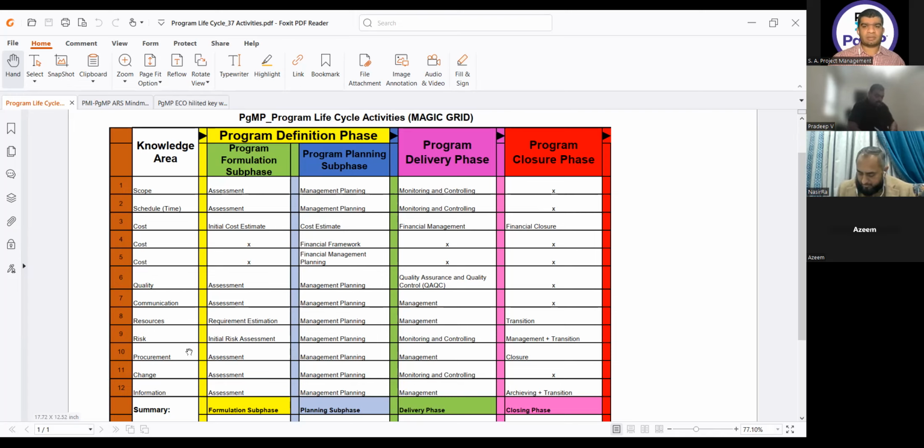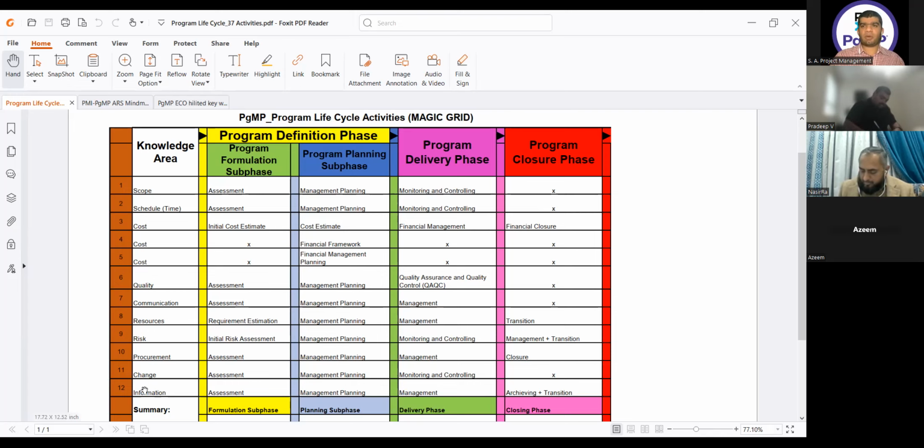Then there is change. We have assessment, then management planning, then in the delivery phase we have monitoring and controlling, and the closure phase is cross.